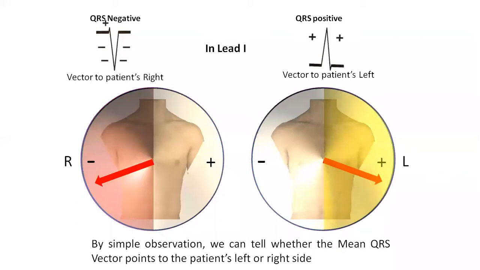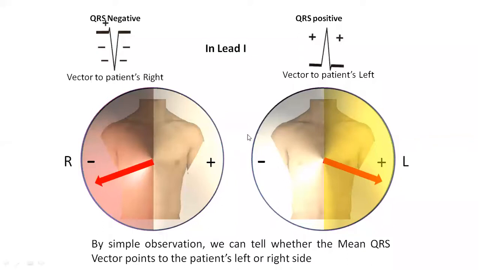That depends on whether the QRS is negative or positive. If the QRS is negative, it points towards the patient's right side, and if the QRS is positive, it points towards the left side of the patient.